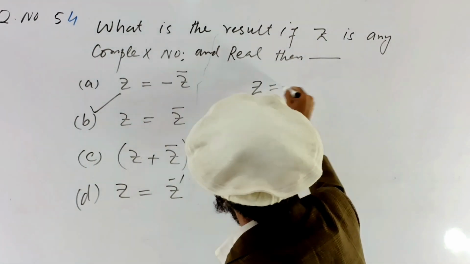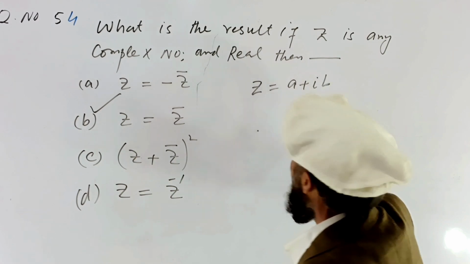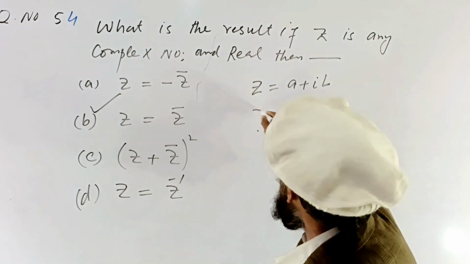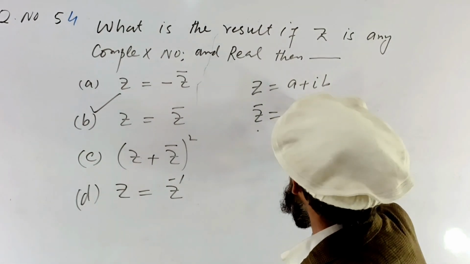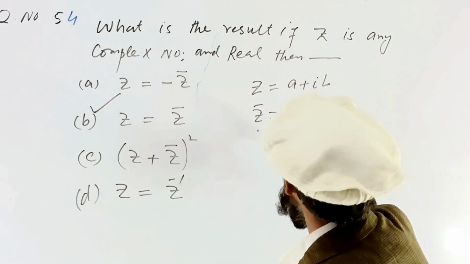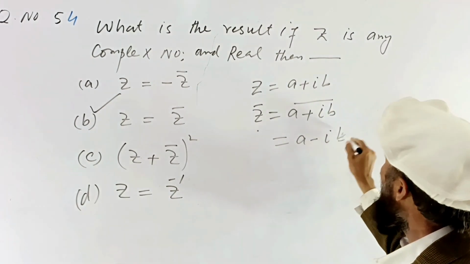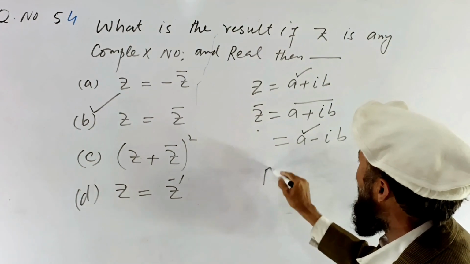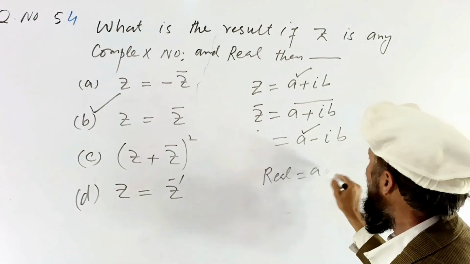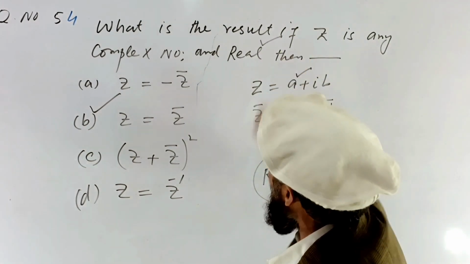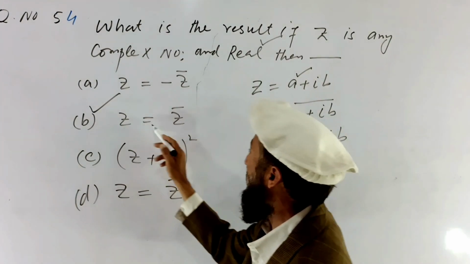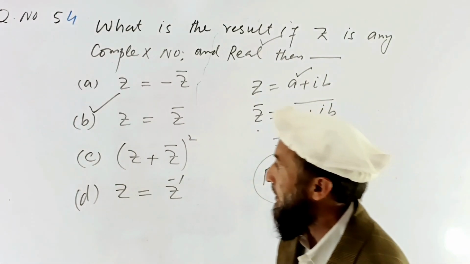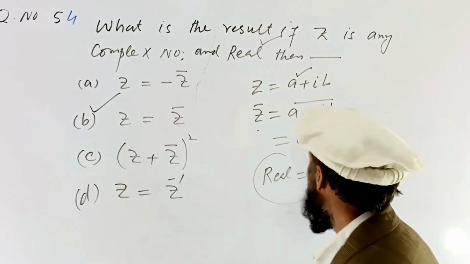Look here: if z is any complex number, and we find absolute z or the conjugate, the result will be the same. The real part of z is equal to z bar. This property holds with both results the same, so the correct answer is B.